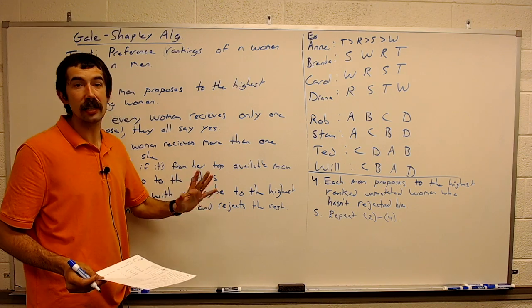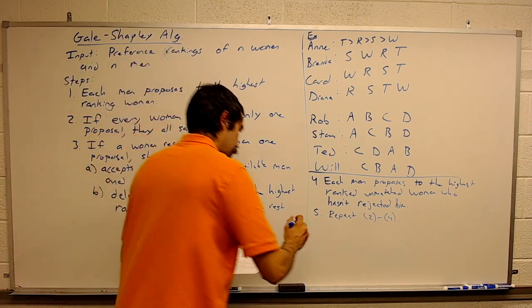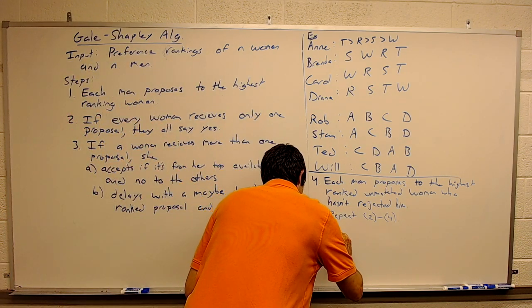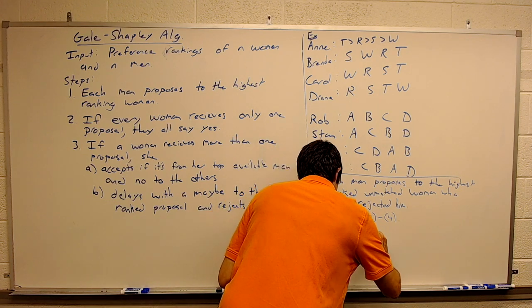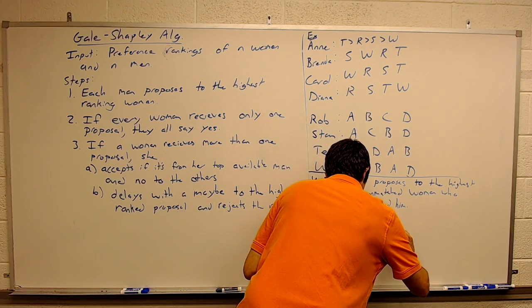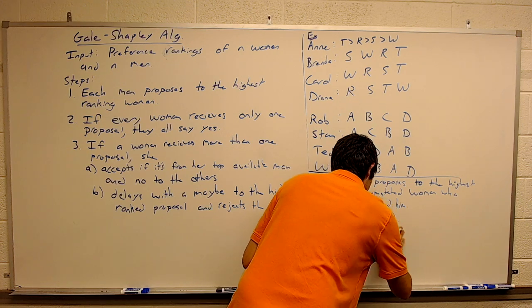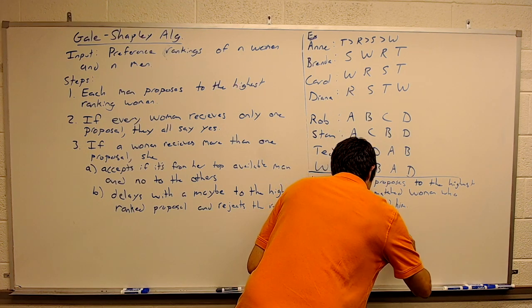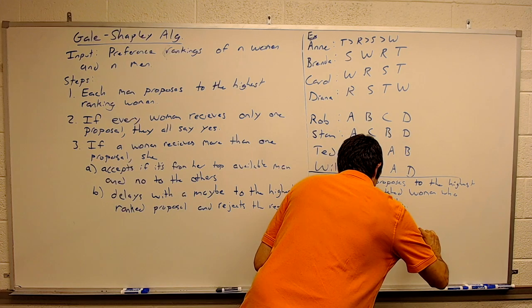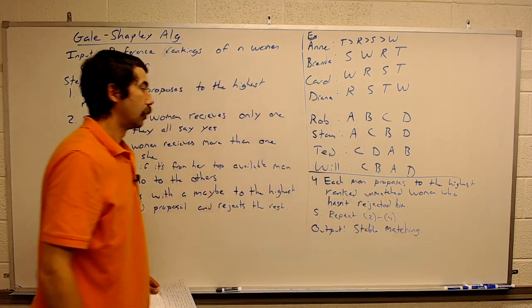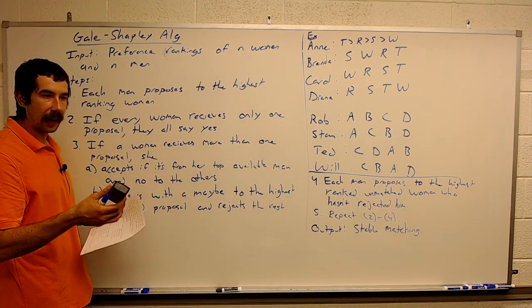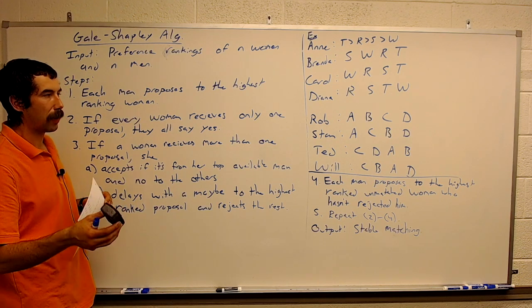There's going to be no unstable pairs. All right, so this algorithm guarantees to have a stable matching.